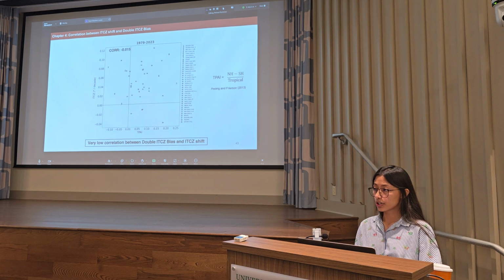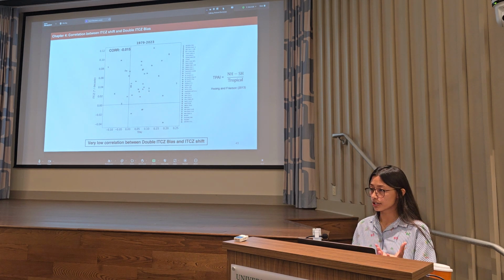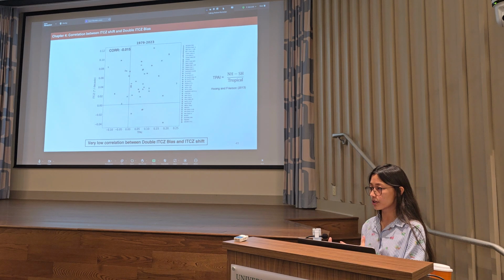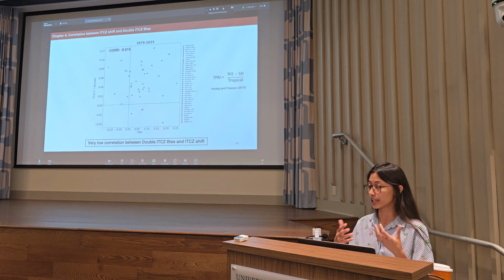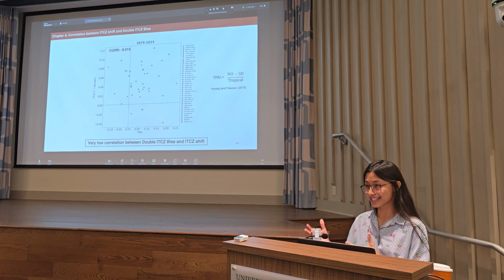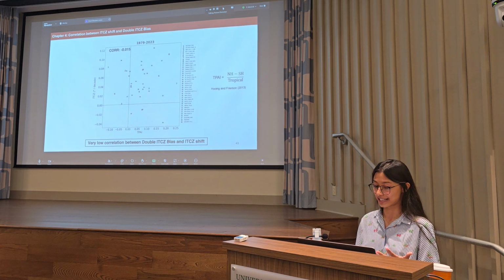So up to this point, looking at our observation data set and our coupled models, we find a northward migration of the ITCZ. Thus, we can answer this question: has the ITCZ shifted north? Yes, it has.